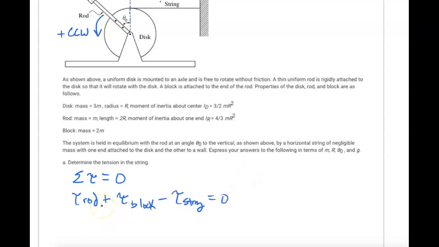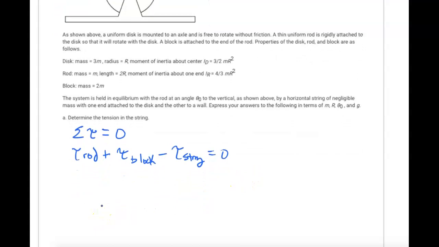Let's put in everything that we know about these. For the rod, the mass of the rod is m, and then we've got gravity, and you have to remember that torque is F times r.